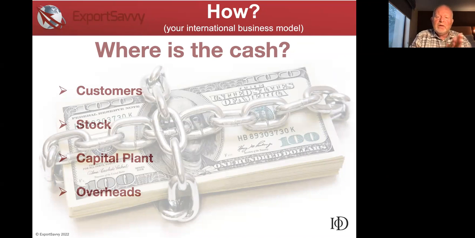And if you know where your cash is locked up, you can reinvent your business model to take away the cash from the customers, to reduce your stock holding, to reduce the amount of capital plant you need, and to reduce the amount of overheads that you need to run the business. Now, I've done this many times. It just requires some leadership and some thought.